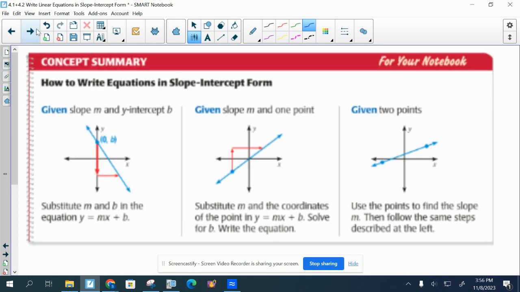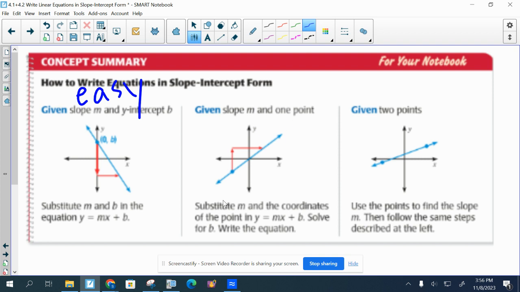All right, so we have just a little review here. There are different ways to write the equation based off of how much information you have been given. So the easy way is if they already give you the slope and the y-intercept. So you just put it into the equation. The next is if they give you a slope and a point.